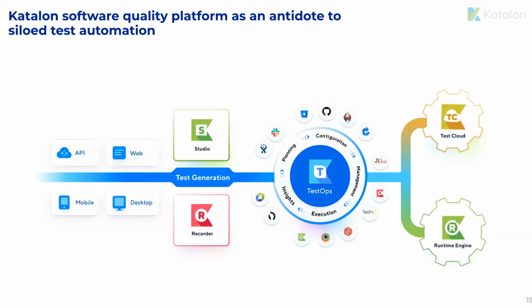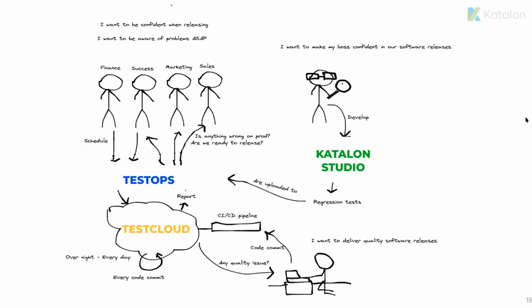So that is the Katalon platform here. And I want to tie this back into what I showed you earlier, the diagram. Here you can see that the QA can use Katalon Studio to develop regression tests, which are uploaded to the TestOps product through source control systems, or directly. And the business people can go into TestOps and schedule the regression suites, which will be executed on TestCloud environment.